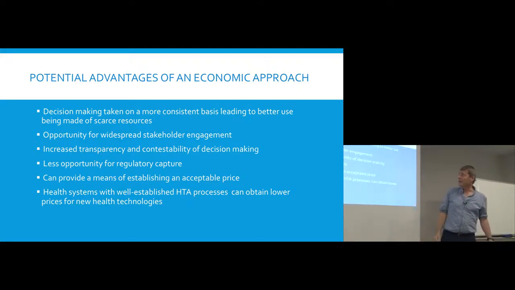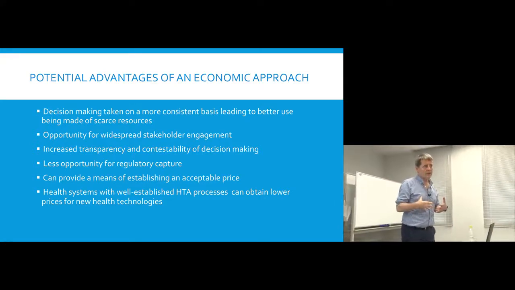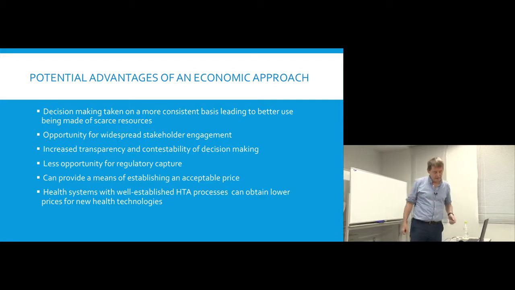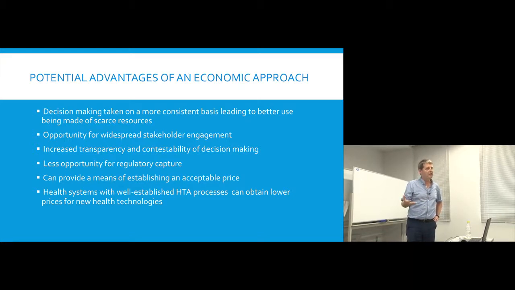Increased transparency and contestability of decision making. If you don't have explicit processes, such as you require when you look at economic evidence, you have much less transparency. Decisions are taken, but you don't really know why a decision was a yes or a no. If you wish, you can go on a nice website and see exactly what evidence.